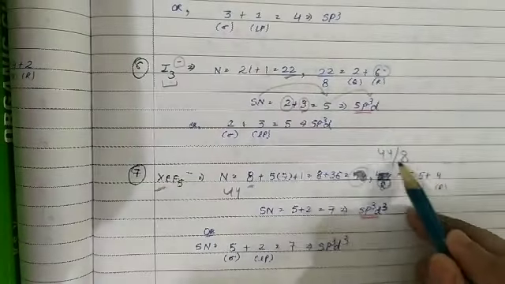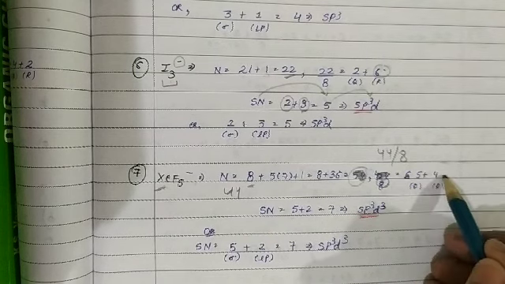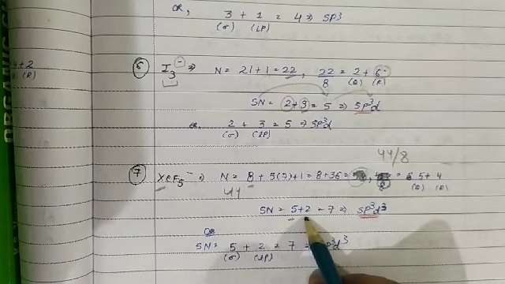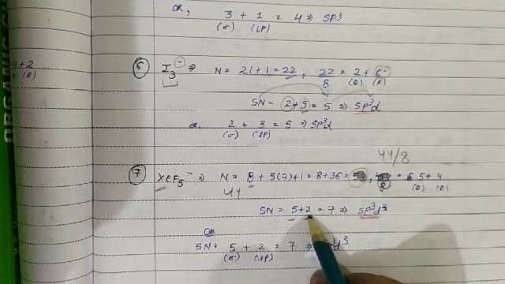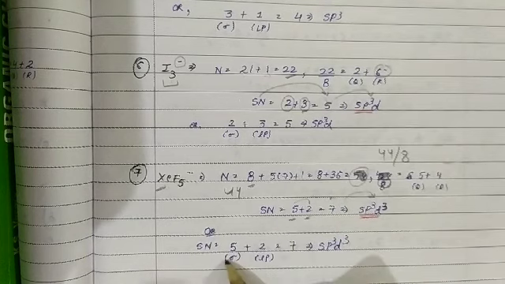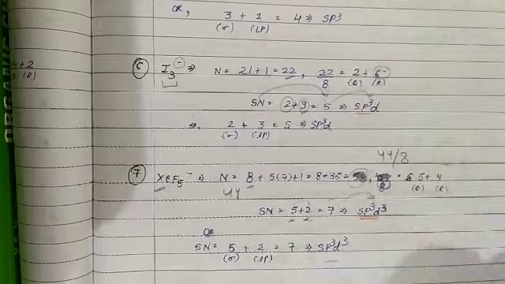When 44 is divided by 8, 8 5 is 40, remainder is 4. Now the remainder is divided by 2, so 4 by 2 is 2, 5 plus 2 is 7, for steric number 7 hybridization is sp3d3. These 5 are sigma bonds and these 2 are lone pairs, so hybridization sp3d3.